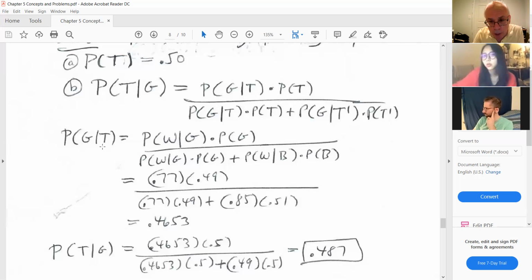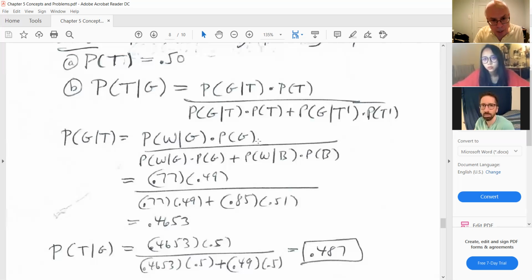Isn't that true? It's G given W, because they want the girl. And if they get the girl, that means the process worked. So what this probability is saying is the same thing as the probability of G given W.